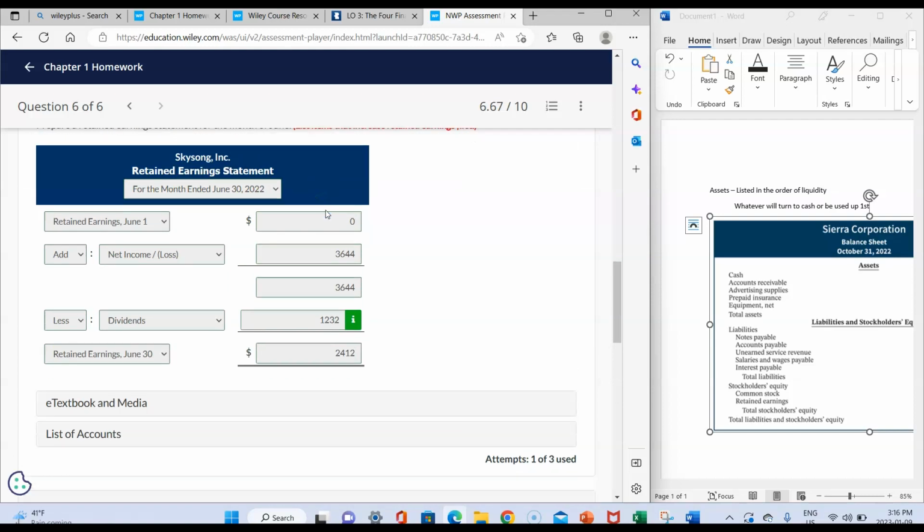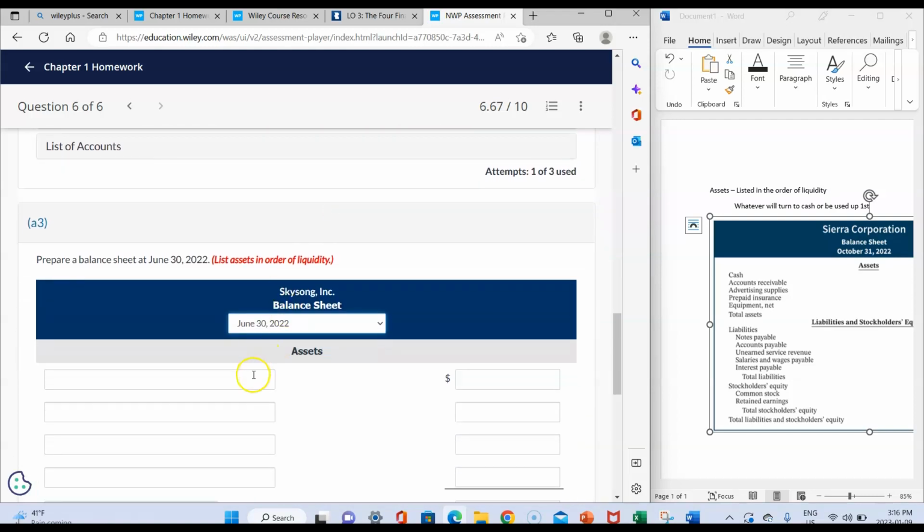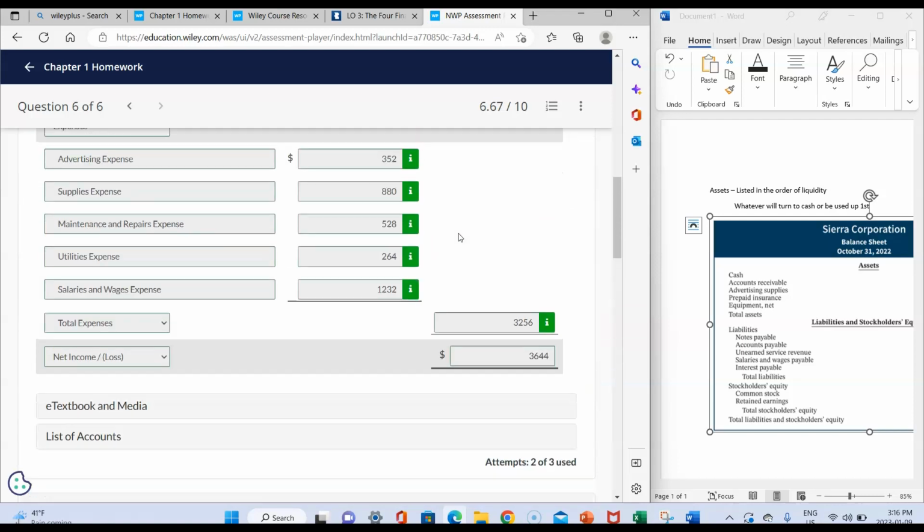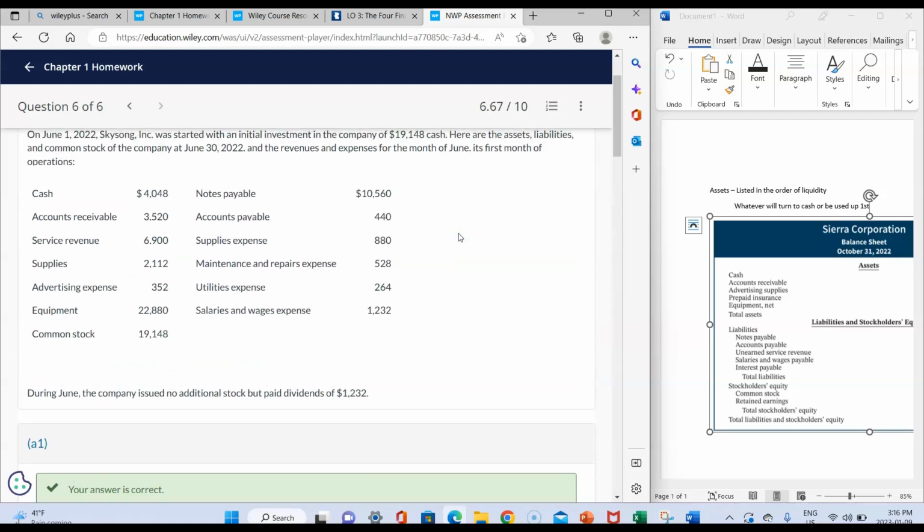First thing that's always listed is cash, because cash is the most liquid asset and it's already turned to cash. We love that. So we'll go up here and to the information, grab our numbers needed.